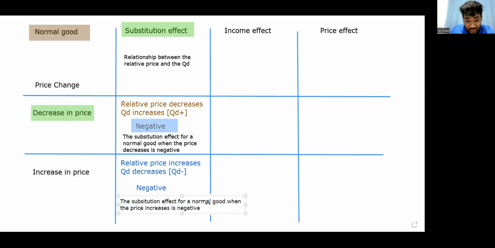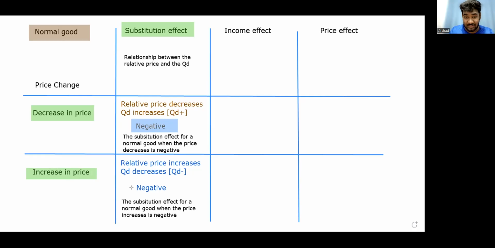So remember, for a normal good, whether price increases or price decreases, the substitution effect is always negative. Is that clear?